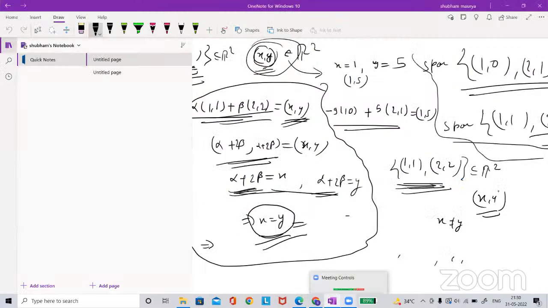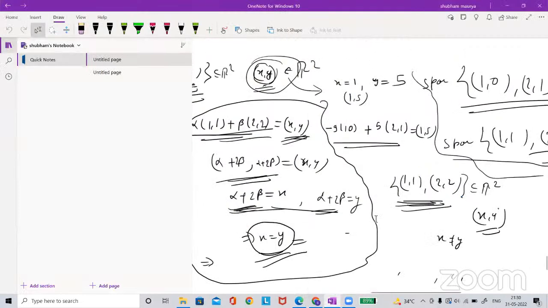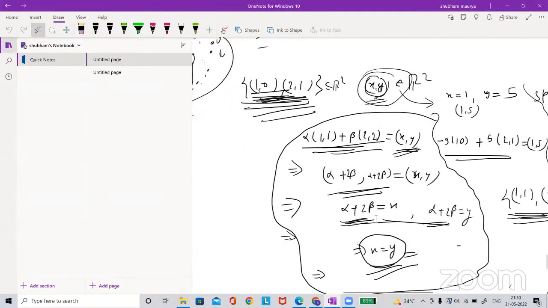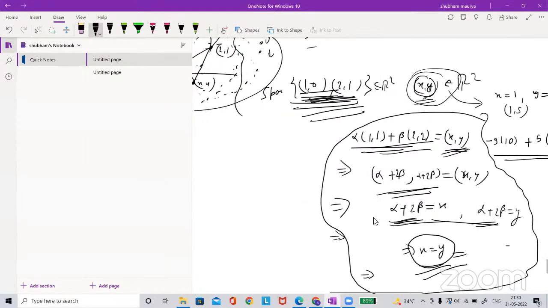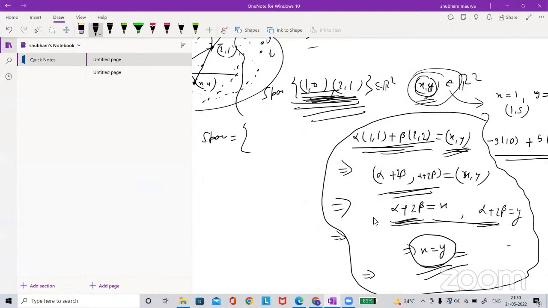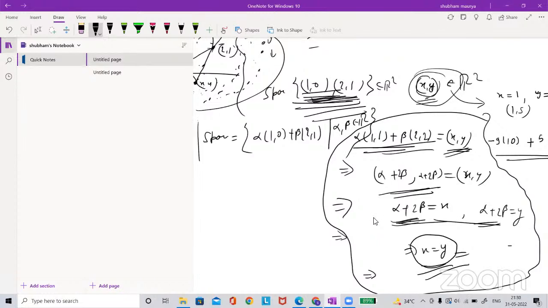If I say, for this previous question, what will be the span? Span is a set. Precisely, it is alpha times 1, 0 plus beta times 2, 1, where alpha and beta belong to R. This is the proper way to say the span.